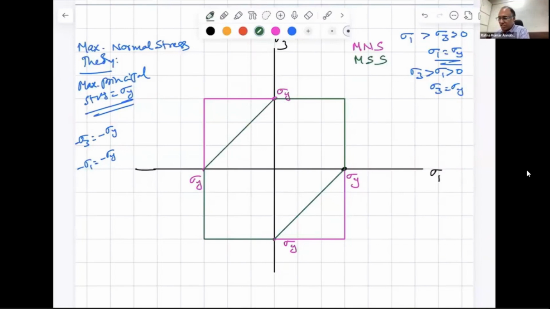That is your maximum shear stress theory, isn't it? Yes, sir. Now you have to draw distortion energy theory in red color. How does distortion energy theory look like? You have to draw an ellipse.